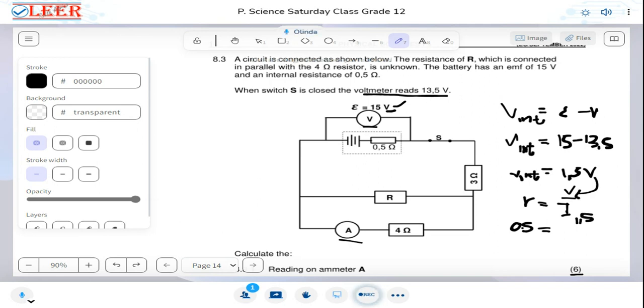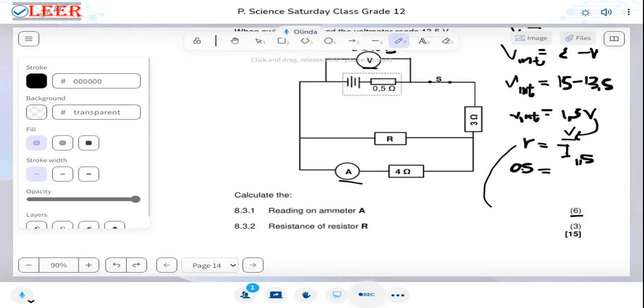We know that V internal is equals to IR. We just made R the subject of the formula. Okay, cool. So we say R is equals to V internal.